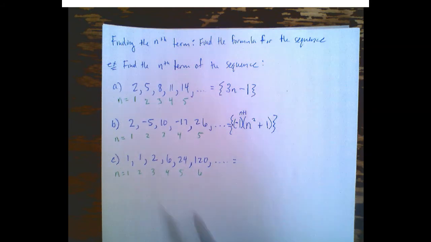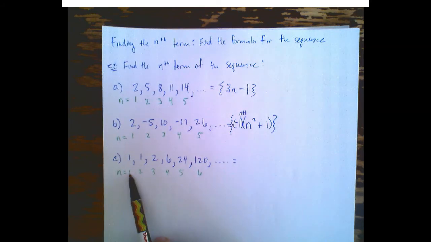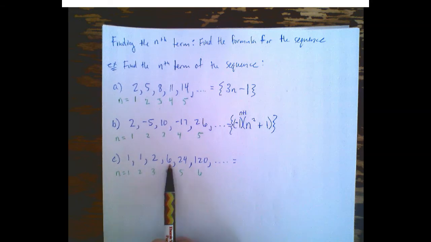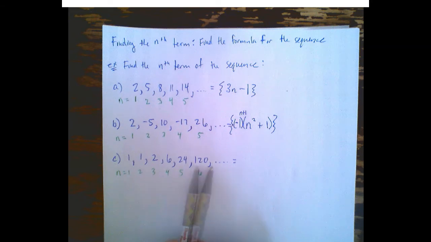So let's try a factorial. So what's 1 factorial? That would be 1. 2 factorial is 2. 3 factorial is 6. 4 factorial is 4 times 3 times 2 times 1. That's 24. 5 factorial is 120, actually. So you can check that. 5 times 24 is 120.